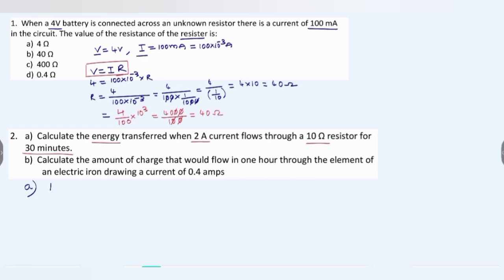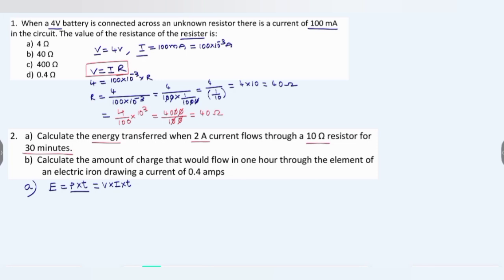You know the formula: energy is power into time, but you don't know power here. Power is nothing but V into I, so E is V into I into T. That's why you should remember this basic formula; then one after the other, you can write the remaining ones and solve easily.